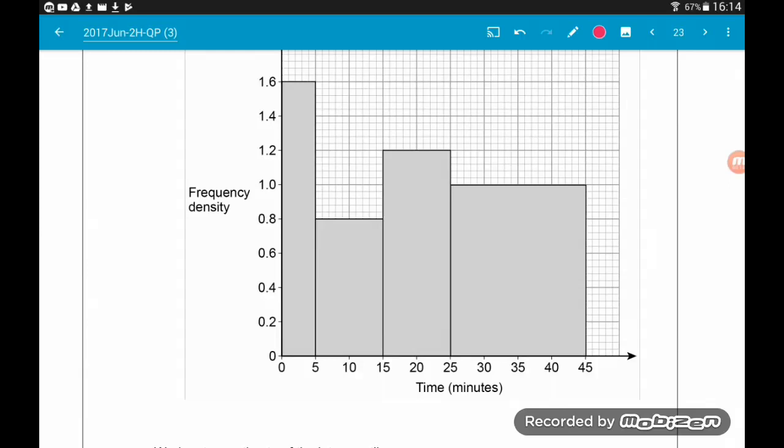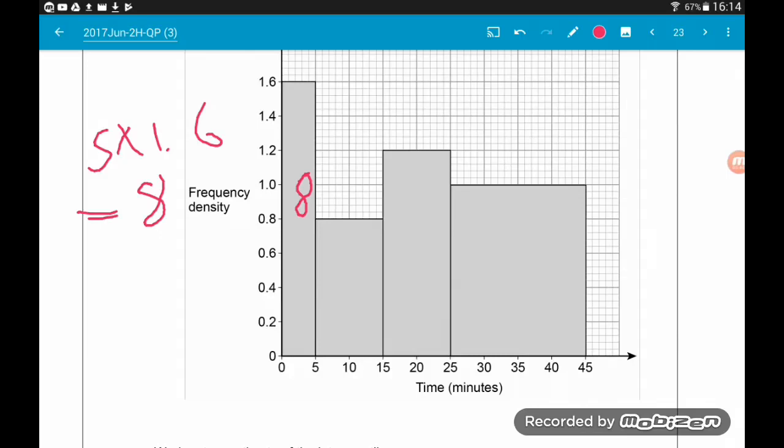Frequency in a histogram is given by the area of the rectangles. For example, this first bar has an interval width of 5 and a frequency density of 1.6. So if we do 5 times 1.6, we get 8.